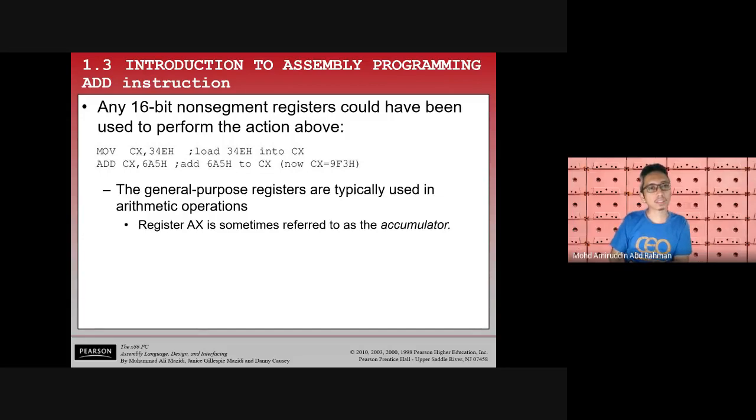So that's why this is called the accumulator, because it can accumulate the value. So you can just add to that value, and you will get another 16-bit value.